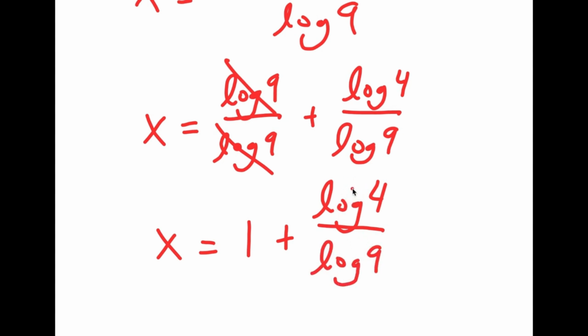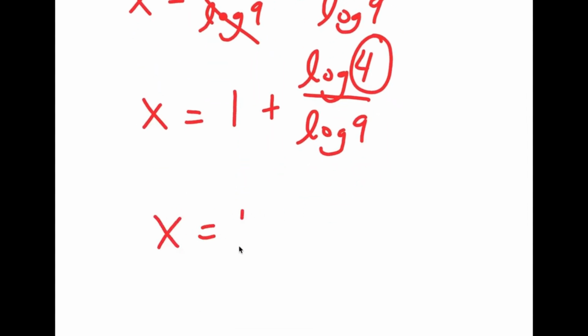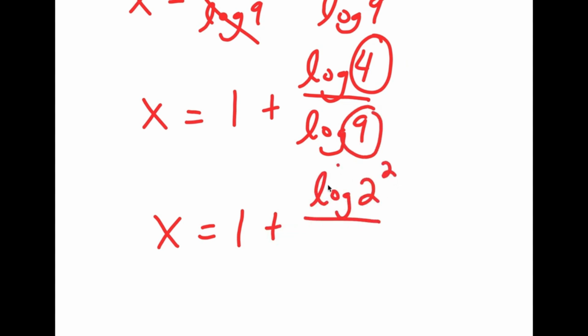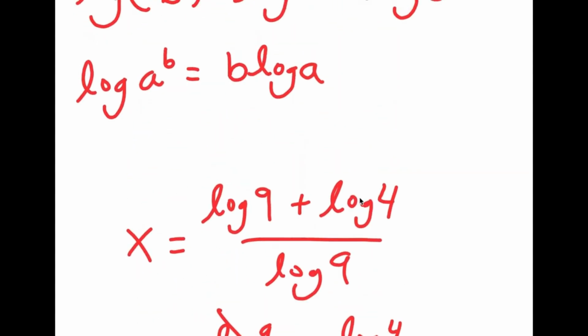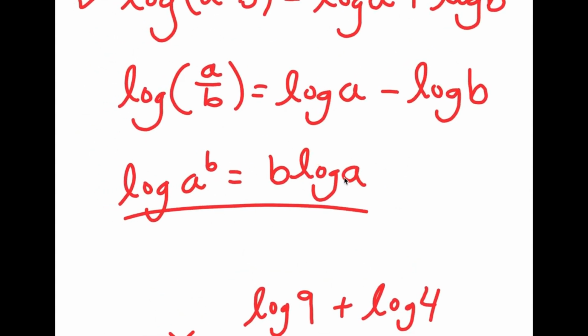Now from here, I'm going to rewrite log 4 as log 2 squared. So I have 1 plus log of 2 squared over log 9, which I'm going to rewrite as log of 3 squared. And the reason I did this was because, remember, this property, log a to the power of b is equal to b times log a.